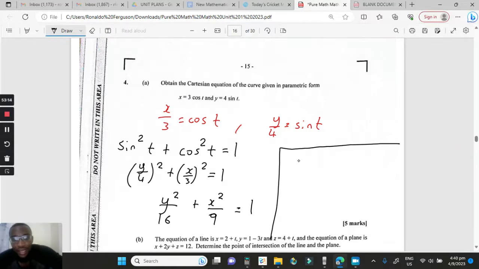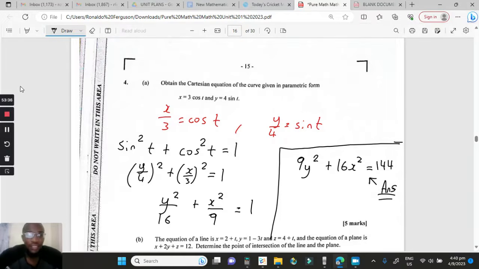Multiply this by 9. This is 9y squared plus, multiply this by 16, this is now 16x squared equal to 16 times 9, which is 144. That's your answer. Alright, 5 easy marks.